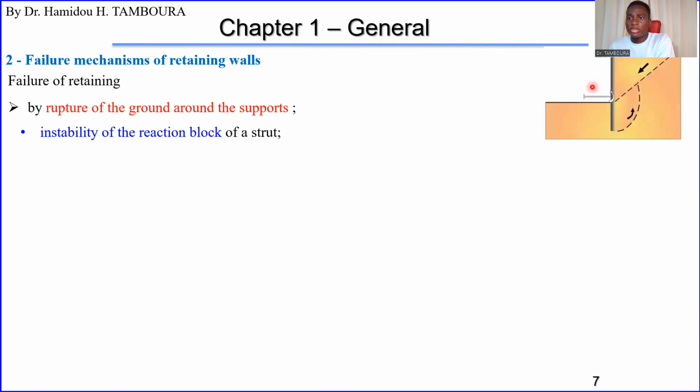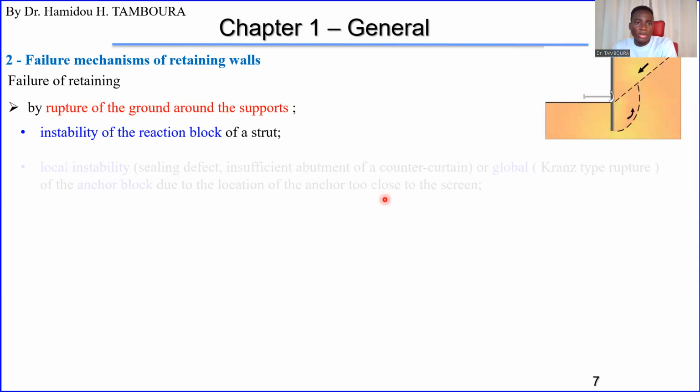For example, do you remember this figure? We have a support here. Let's imagine that we have a reaction around the support. The failure may happen in the reaction if there is, for example, soil here to support this, as a reaction of the support.